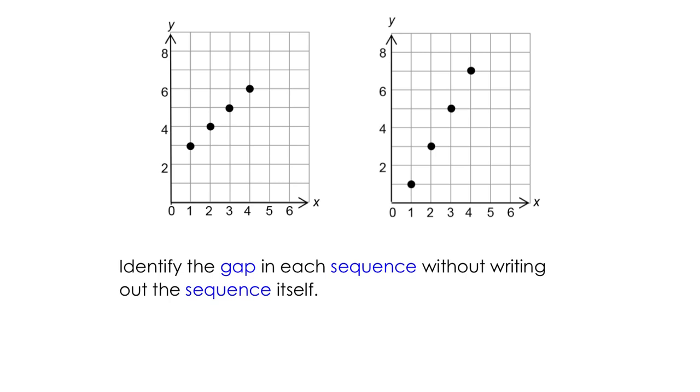And that can help us figure out what the equation of that function is going to be. Visually, you can think of the gap as the steps to go from one point to the next on the graph. As you move over 1 unit in the input, you go up 1 unit on the output. So the gap is 1 in this function, whereas the gap is 2 in this function.